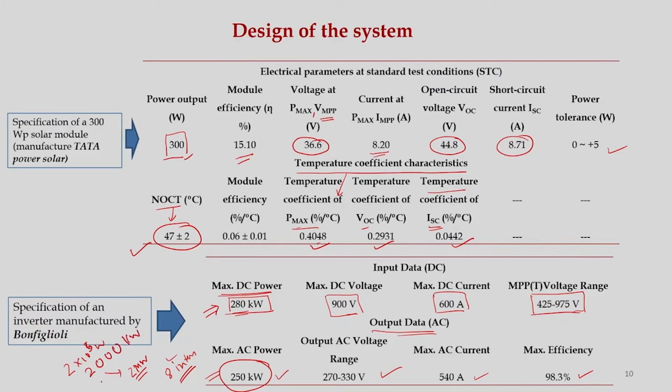If we divide it by 250, it will be 8. That is how we need 8 inverters for a 2 megawatt capacity grid connected PV system.